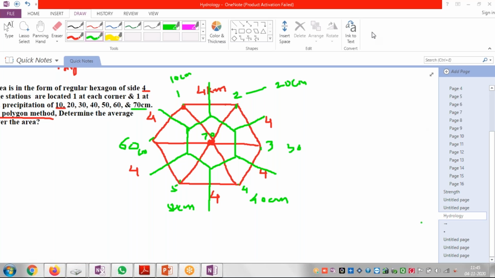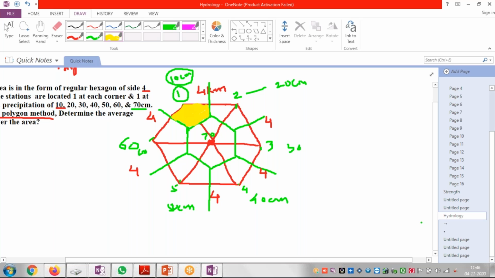Now after that, see, once we completed this procedure, we know that whatever the rainfall is, suppose this is my rain gauge station 1. So the rainfall at rain gauge station 1 is 10 centimeter. This 10 centimeter rainfall shows the rainfall of this area only, up to this area, right?